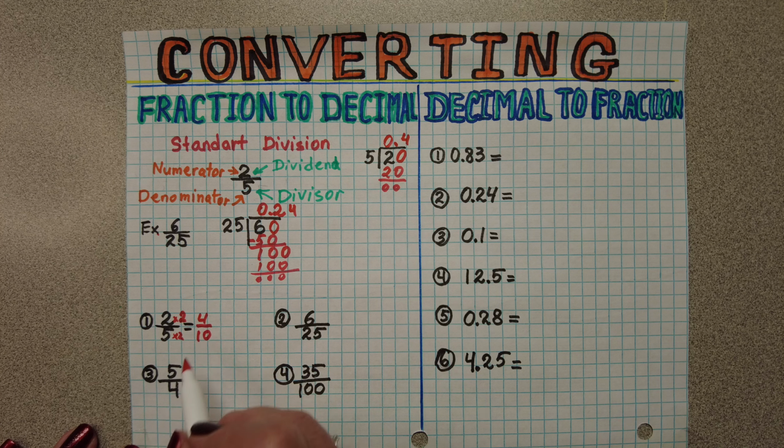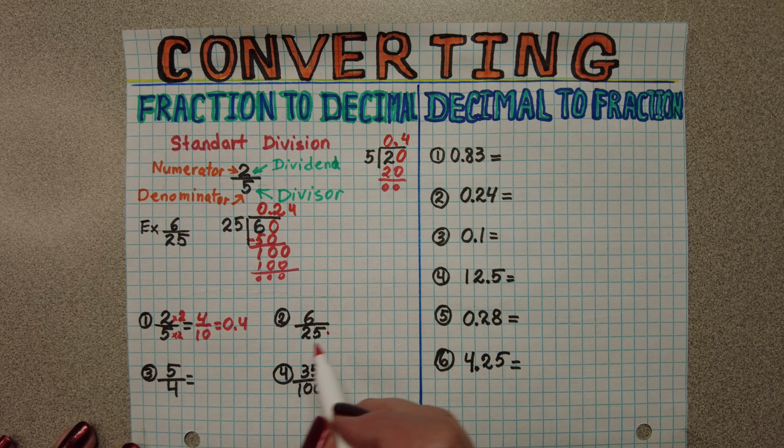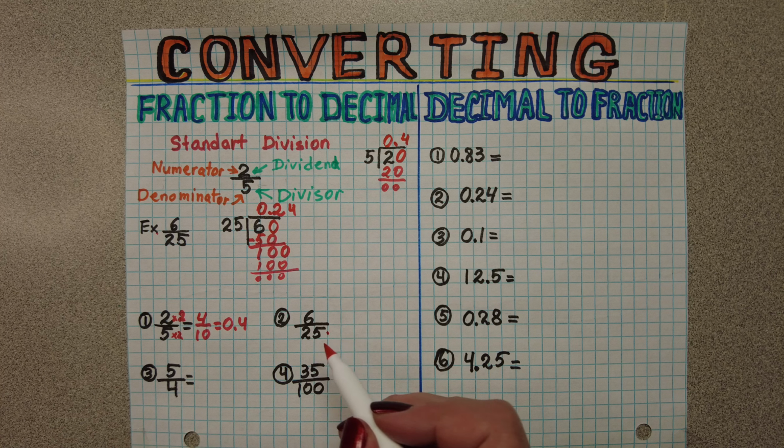Let's do this number again this way. Make the bottom part into 1 and zeros. How can we make 25 into 1 and zeros? 4 quarters make 100, right? So let's multiply by 4. Both top and bottom by the same number equals 24 over 100.